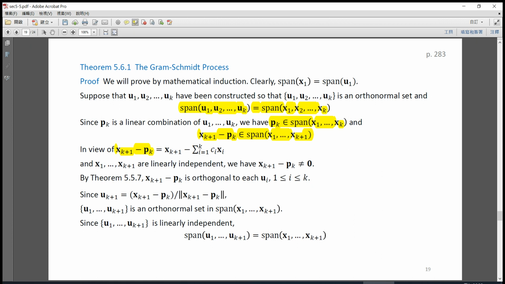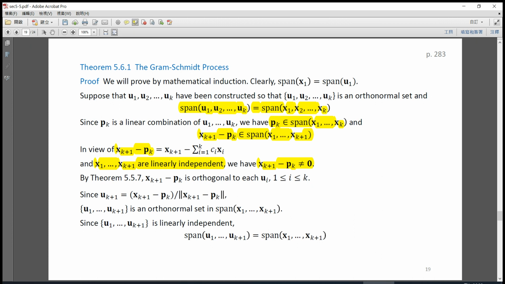And since x1, x2, up to xk plus 1 are linearly independent, and because xk plus 1 minus pk is a linear combination of x1 up to xk plus 1 where the coefficient is non-zero, we have xk plus 1 minus pk is not equal to the zero vector.